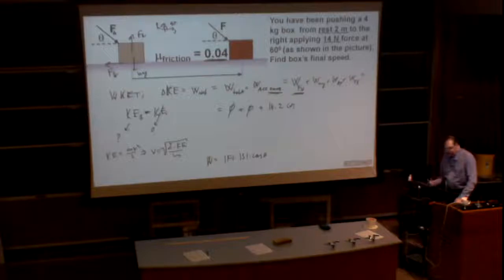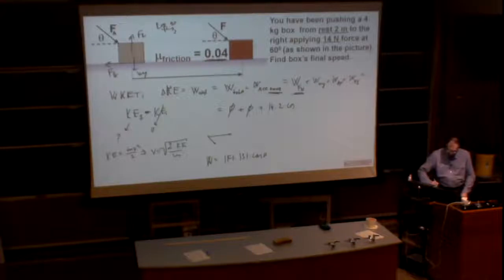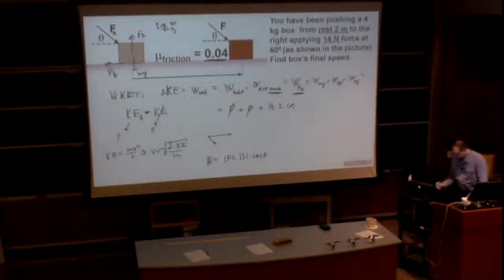And cosine of the angle between the applied force and the displacement. So again, remember, to see the angle, we have to redraw the vectors from the same point. Now we can see the angle between the displacement and the applied force. That angle is 60 degrees.